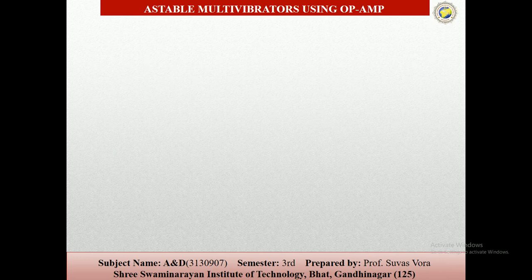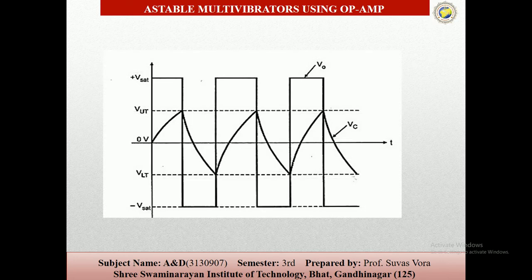As a result, you can see the conditions of the circuit, expecting that the capacitor has the initial charge to VLT. So you can see that the capacitor will be charged, then again the negative Vsat, then again charge, then again the saturation.